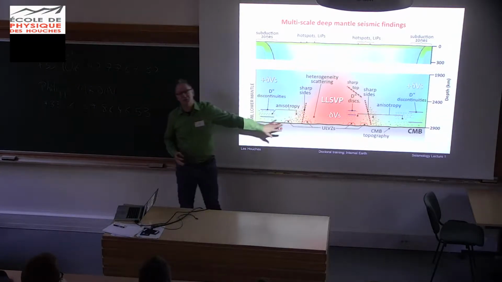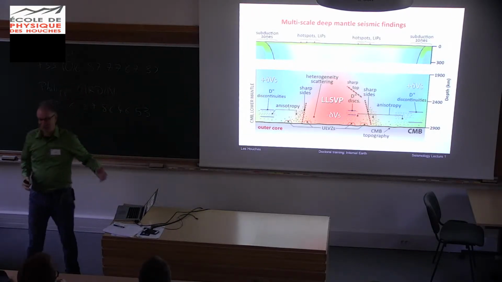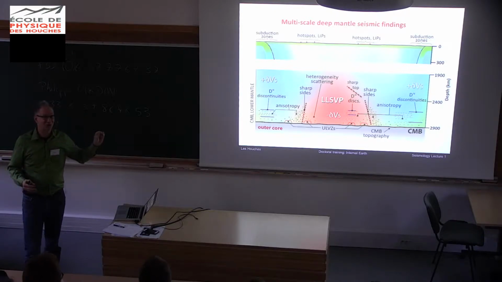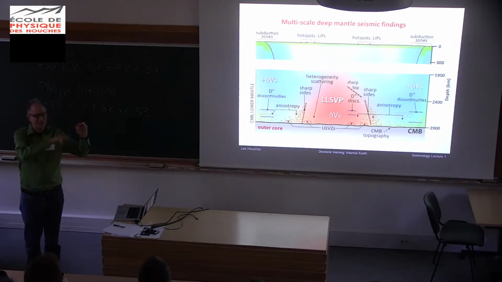Now there's an observational bias when I make a cartoon like this, because that's pretty far away from our sources of energy near the surface and our recordings of energy. So what kind of attenuation happens?